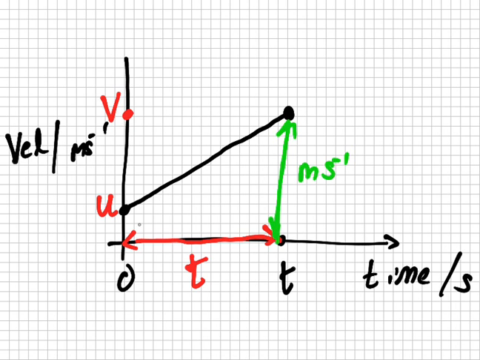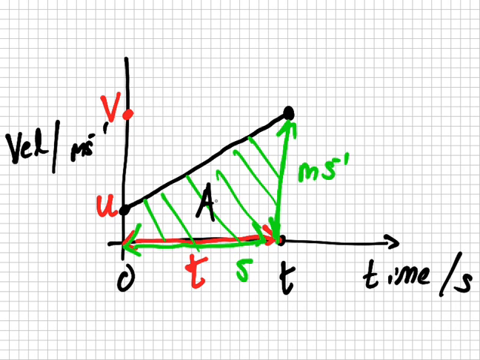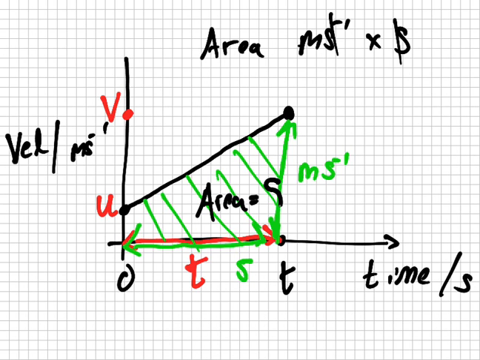And what unit is this here? Seconds. So if I calculate the area here, what unit is this area in? It's meters per second times seconds. Correct, meters. So in fact, the area in the graph represents S.